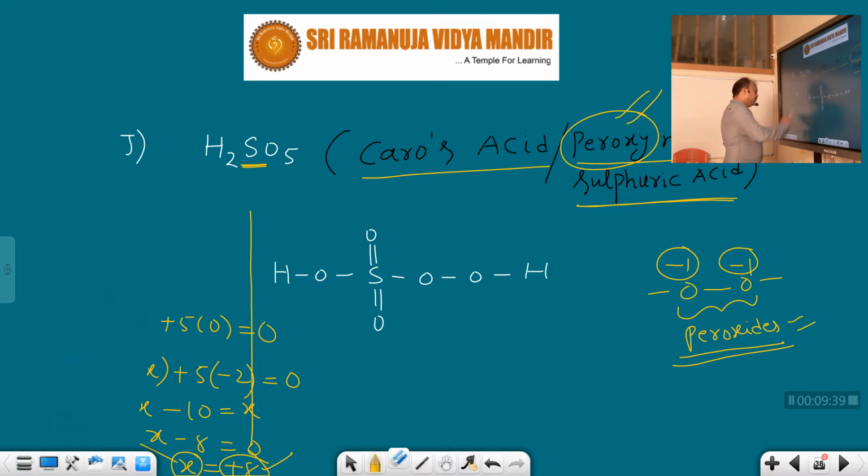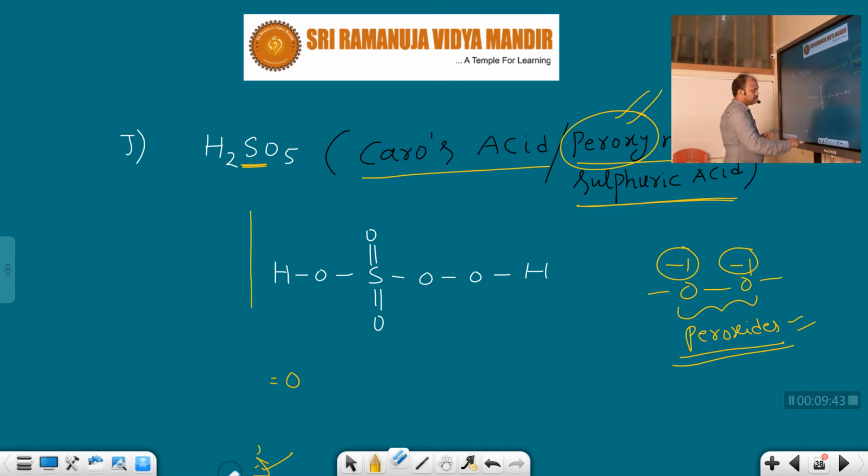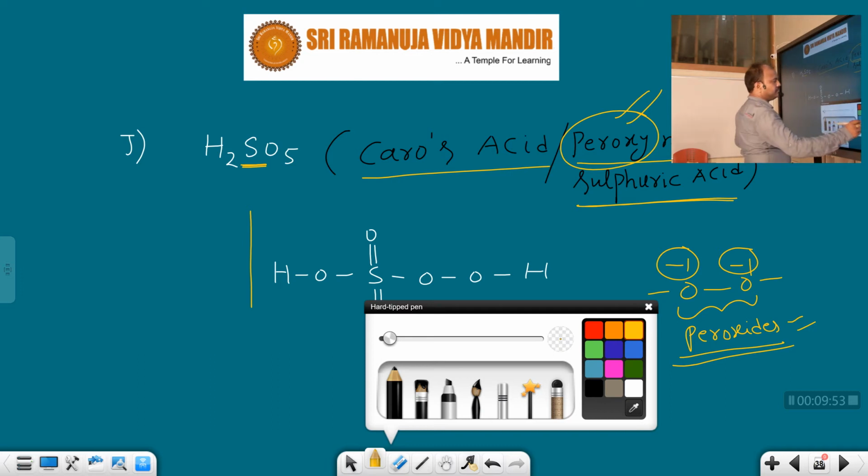So how to do it? To find the oxidation number in H2SO5, Caro's acid, you depend upon the structure. This is the structure of H2SO5. Take a look at this structure.